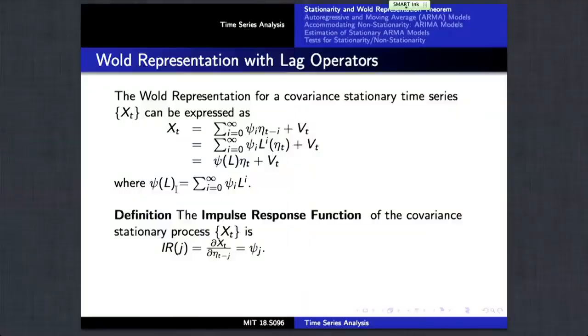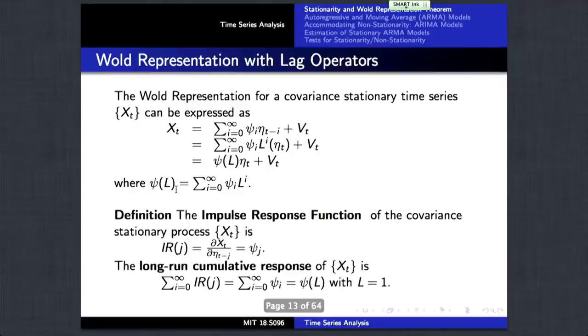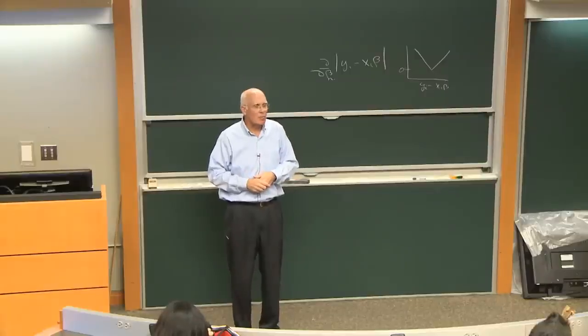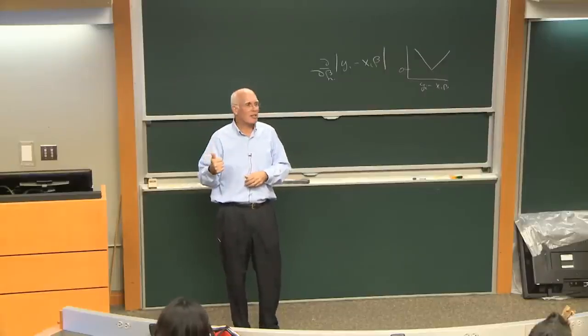So looking backward, that definition is pretty well defined. But you can also think about how the impact of the innovation affects the process going forward. The long-run cumulative response is essentially the impact of that innovation on the process ultimately. Eventually it's not going to change the value of the process, but what is the value to which the process is moving because of that one innovation?